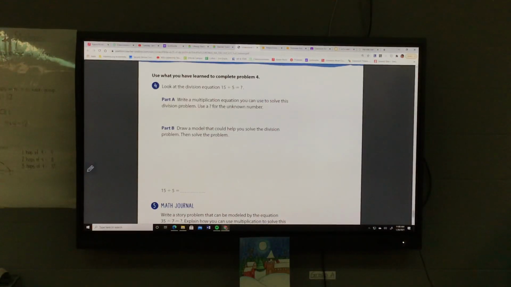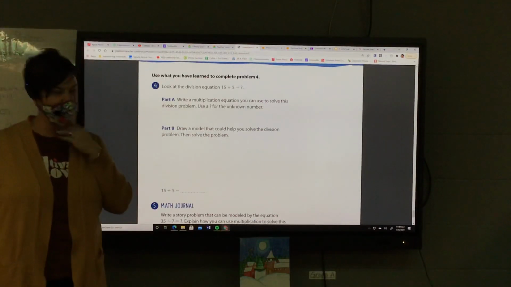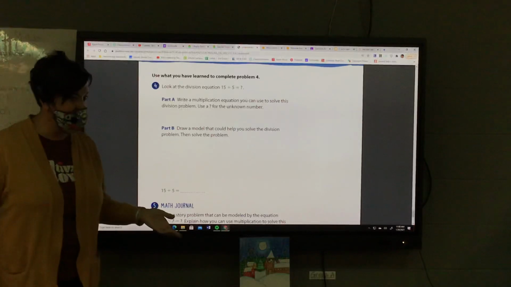That was part A. Those of you that aren't following along and paying attention, you probably should. Part A said to write a multiplication equation.